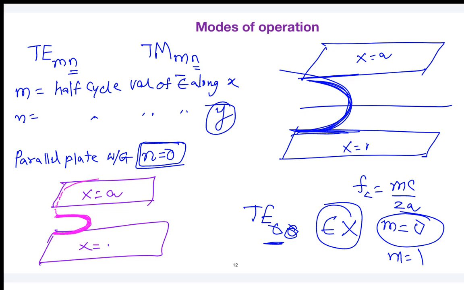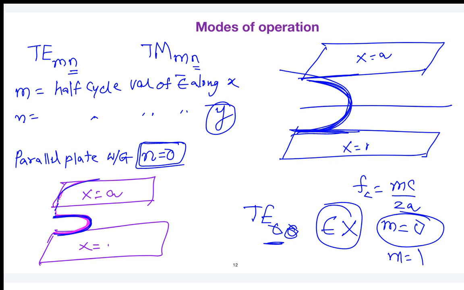This is my electric field. One complete half cycle is there and a small part of the second half cycle is also there. So can you tell me which mode it basically belongs to? Reply quickly, we don't have the time. It is 2.